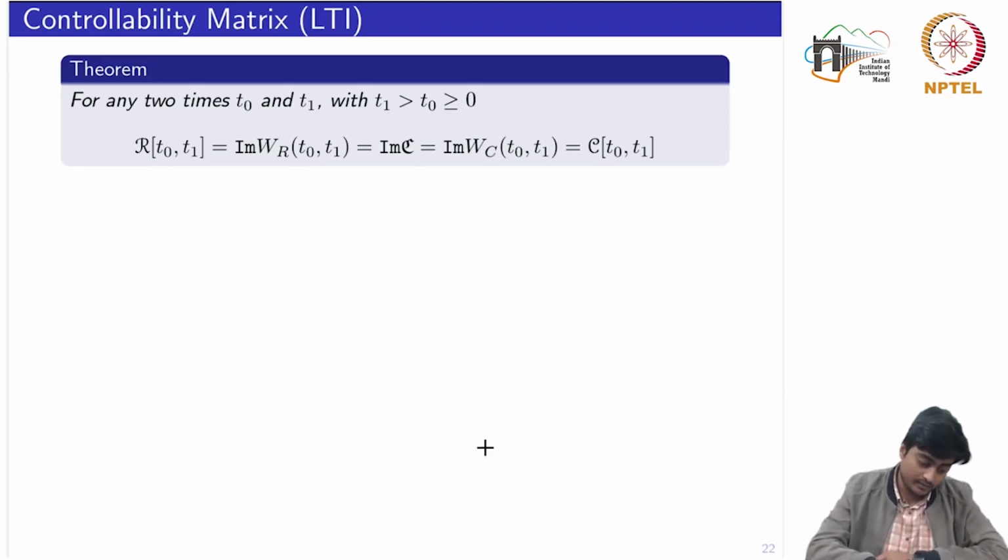The result is given here: for any two times t0 and t1 with t1 greater than t0 greater than or equal to 0, the reachable space is equal to the image of the reachability gradient, which is equal to the image of the controllability matrix, which is equal to the image of the controllability gradient, which is equal to the controllable subspace. This is a very important result.